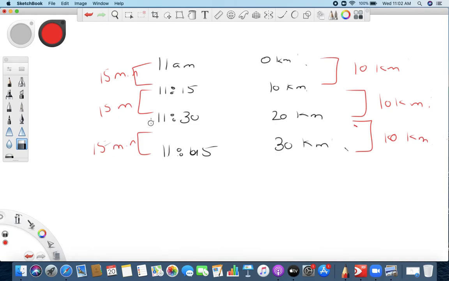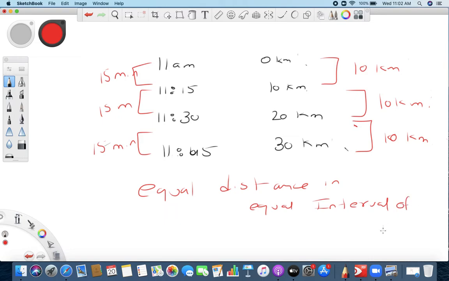That's what we are talking about: equal distance in equal interval of time. If an object travels equal distance in equal interval of time, then it is said to be in uniform motion, right?